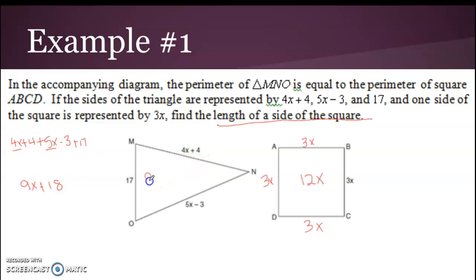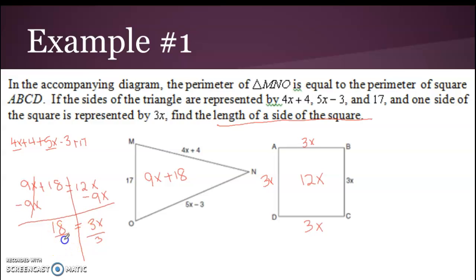So this is equal to 9x plus 18. Now, if I know these two perimeters are equal, then I'll set them equal to each other. And then we go ahead and solve and bring in algebra, minus 9x on both sides. These cancel, you're left with 18 is equal to 3x.